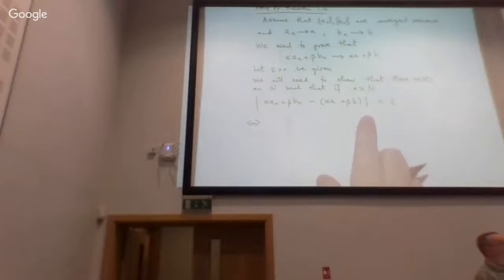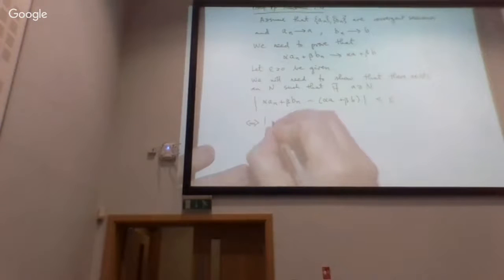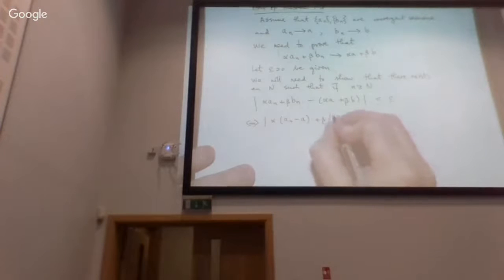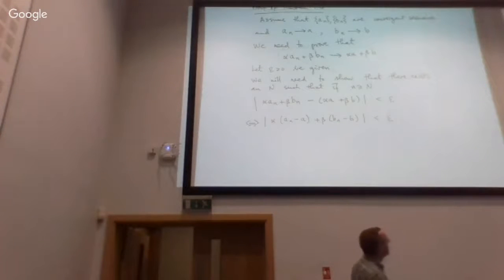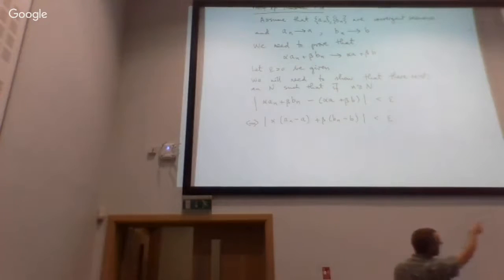I want to gather all the a stuff together and gather all the b stuff together. That's just multiplying the minus sign into the bracket, bringing all the a stuff together, bringing all the b stuff together, and factorizing out the alpha, beta.